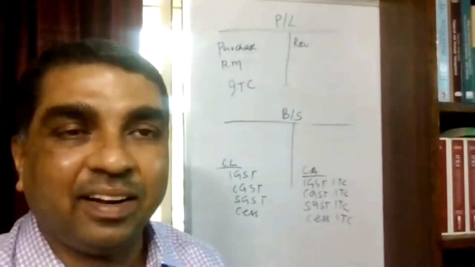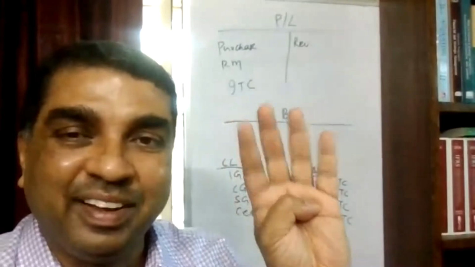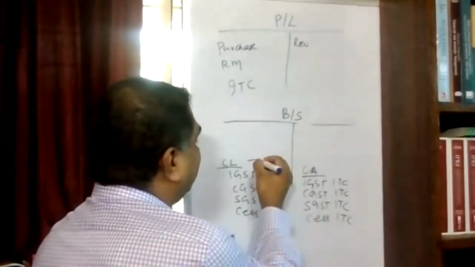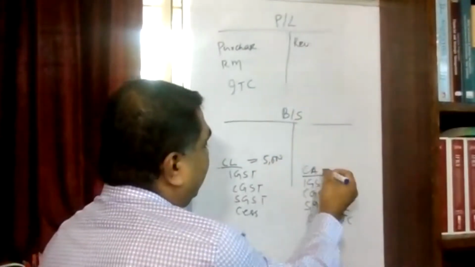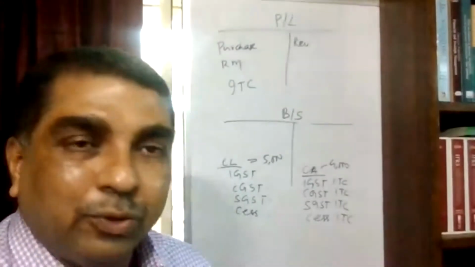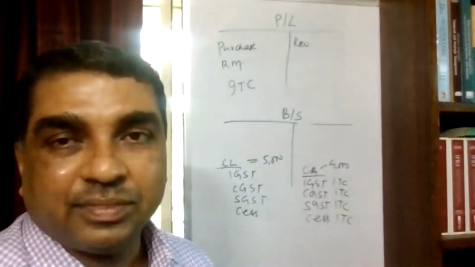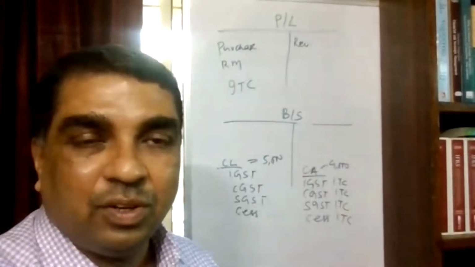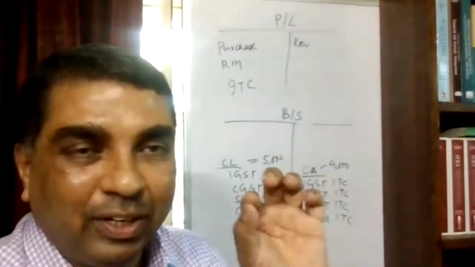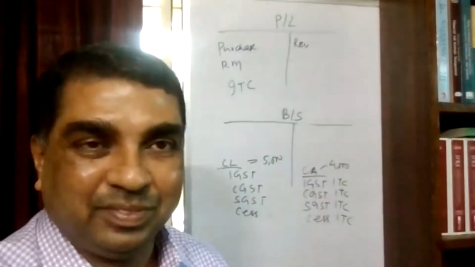Liability is 5,000, asset is 4,000. Your credit ledger shows only 4,000. You have to deposit 1,000 in cash. How will you deposit? You will deposit in your electronic cash ledger.